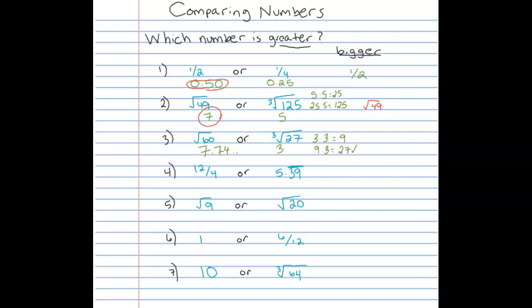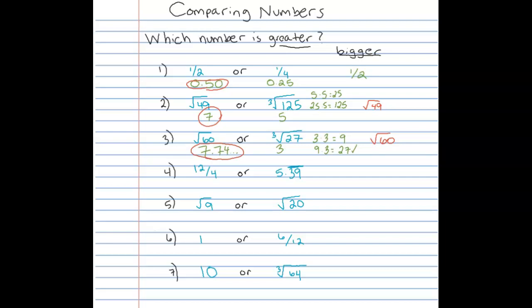So my cubed root is going to be 3. So which number is bigger? You're right, it is the 7.74, but we're not going to write that in our answer. We're going to write that the square root of 60 is greater.